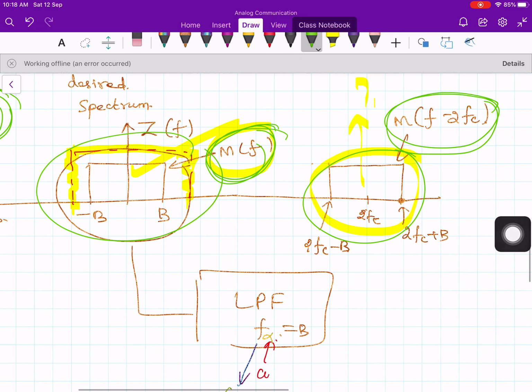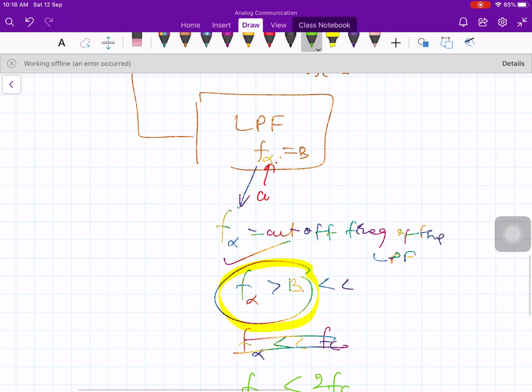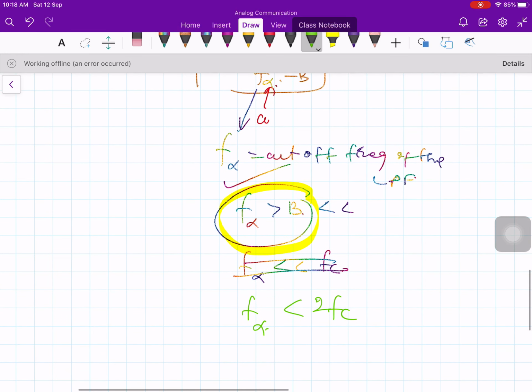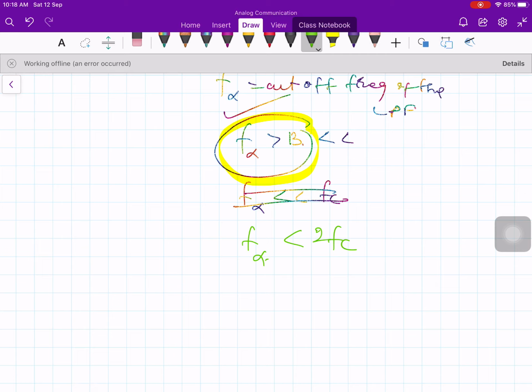So the low pass filter should have a desired bandwidth of b. That is what you want. So we want only the desired signal. What is the desired signal? M of t.